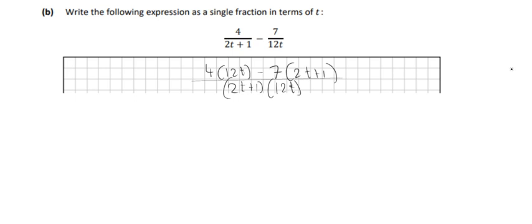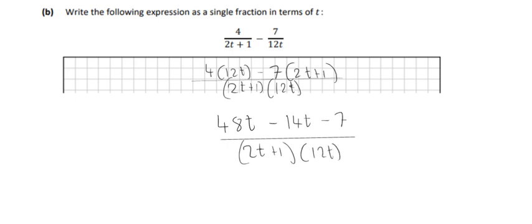And then we're just multiplying into the bracket, so we get 48t minus 14t minus 7, and we just leave in our denominator, 2t plus 1 and 12t, so I get 34t minus 7 on top, and on the bottom 2t plus 1 and 12t.